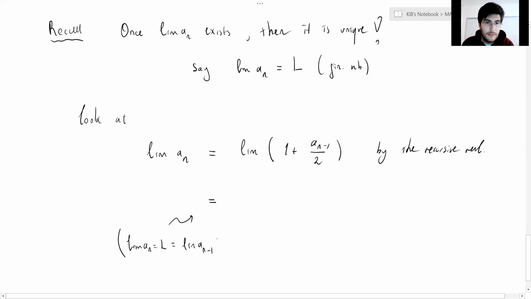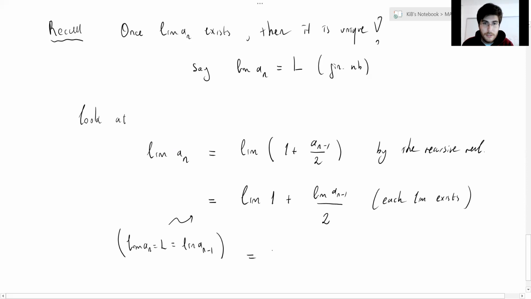With this information in hand, this is nothing but (limit of 1 plus limit of a_{n-1}) over 2, and each limit exists. Therefore, we can separate this operation.